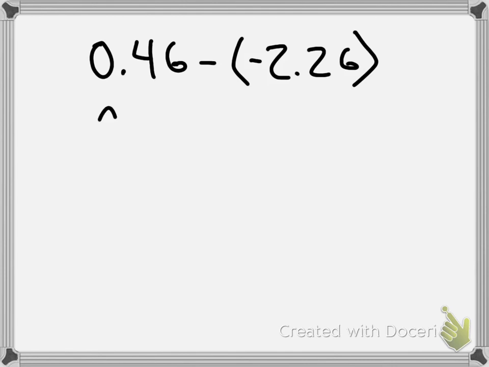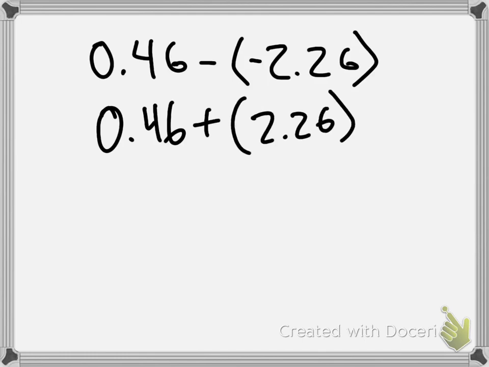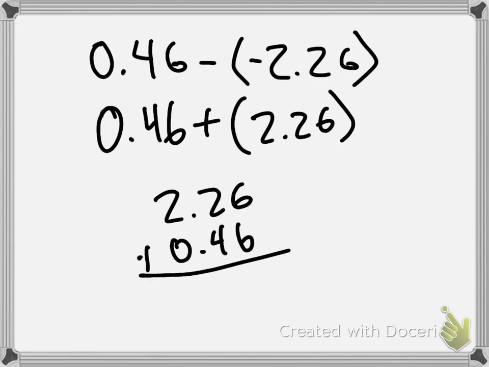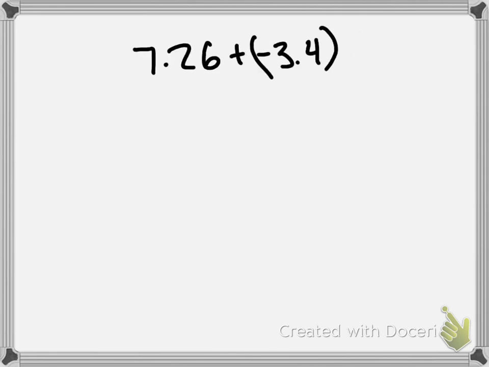So let's rewrite this equation as 0.46 plus the opposite of negative 2.26, which is just 2.26. And guess what? We've got a really simple math equation that you've been working on your whole lives. And we can solve that really quickly and see that our answer is equal to 2.72. Let's look at another example.